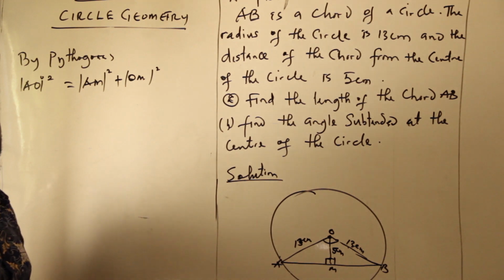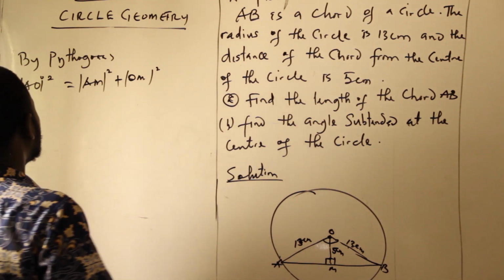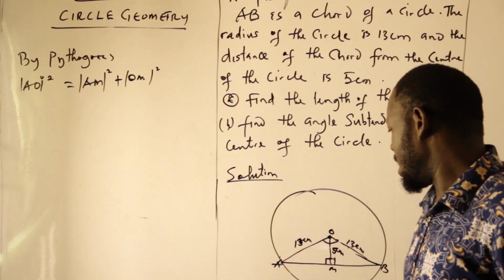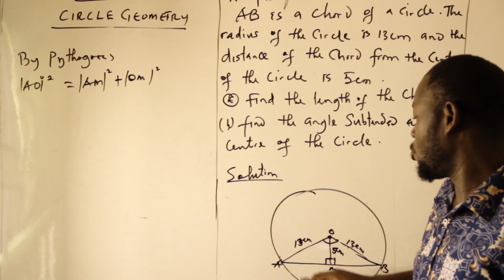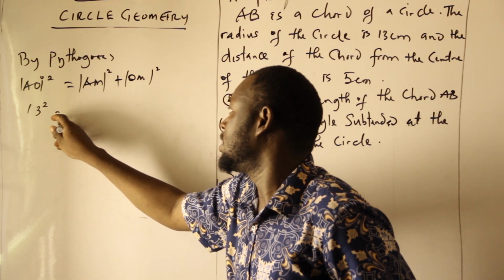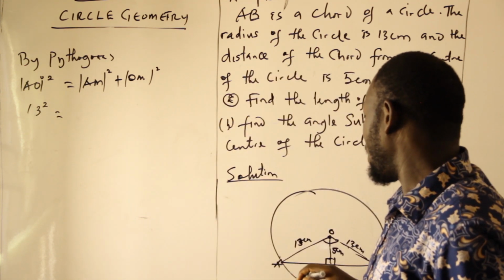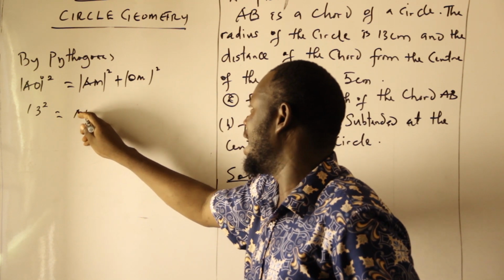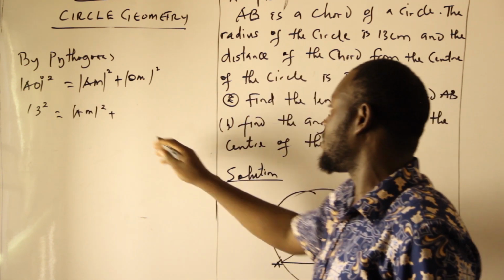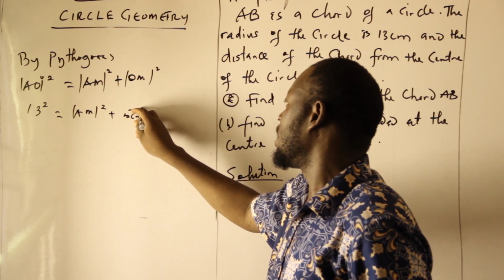You all know this theorem. So once we have this, we know this to be 13 and this to be 5. So our OA, that is 13, will be squared. Then AM, we don't know our AM, so we write it AM squared plus OM, that is 5 centimeters squared.